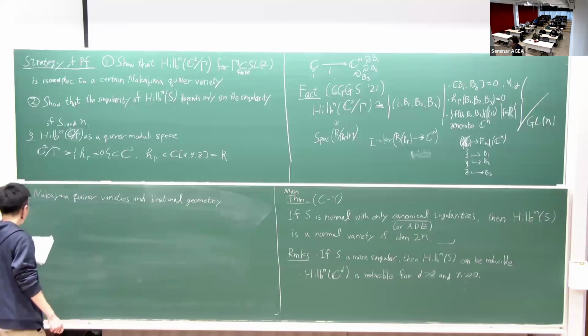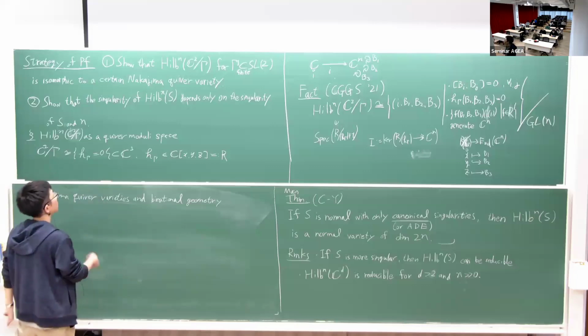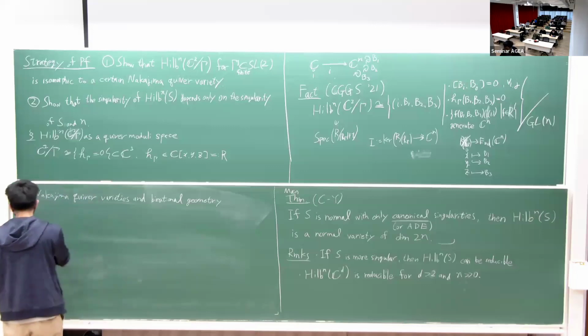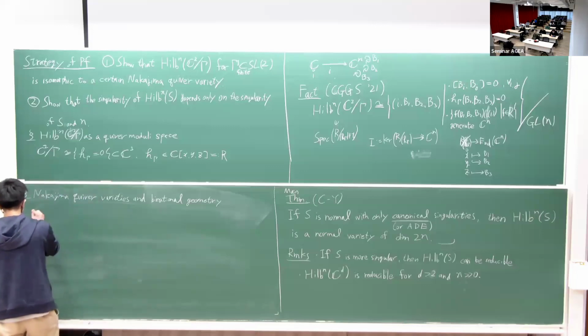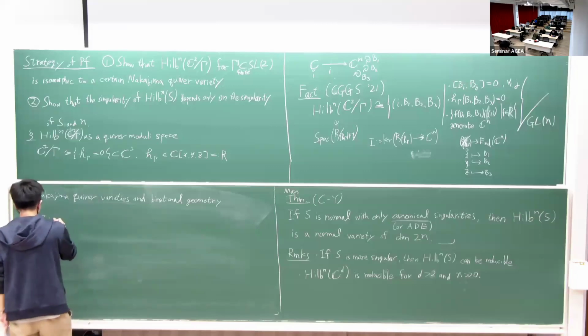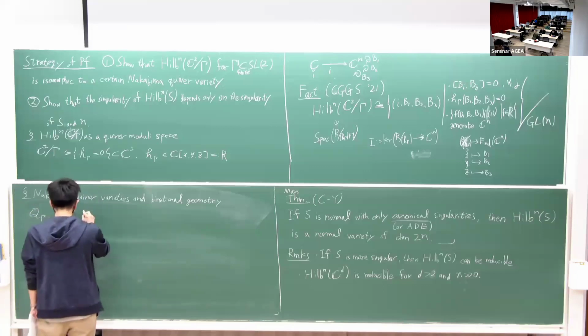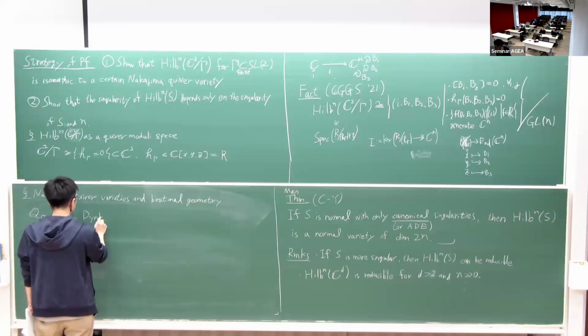So before going to general situations, let's consider the two-dimensional example. First, let's consider the affine Dynkin quiver.